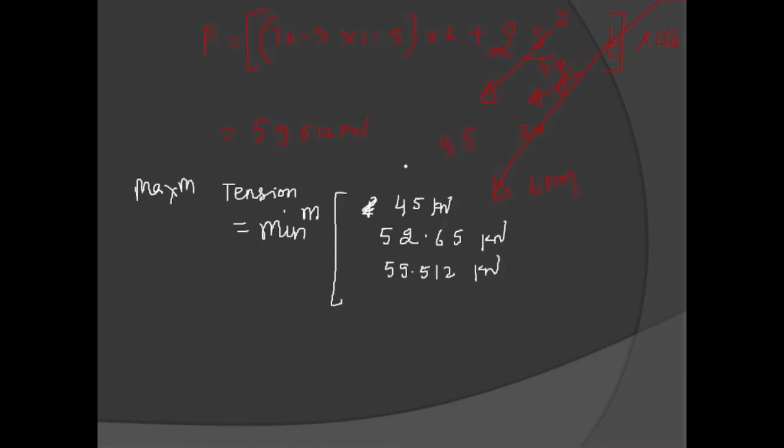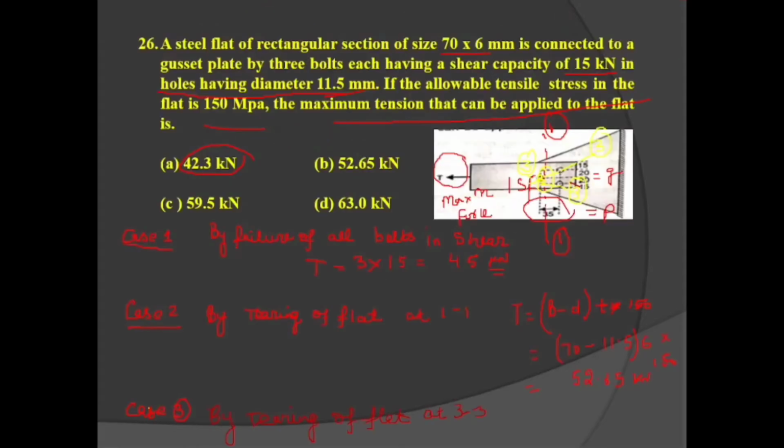So our minimum value is 45 kilonewton. So answer is 45 kilonewton. So nearest option to 45 kilonewton is 42.3 kilonewton is our answer, because we cannot round off to the maximum value, because by applying more force, if we round off the value to 52.65 kilonewton, that is the available option, then obviously the section may fail in shear. So this is our question number 26.